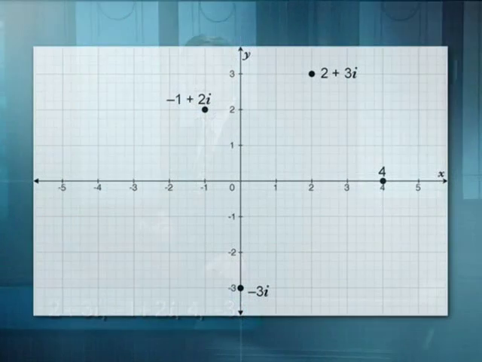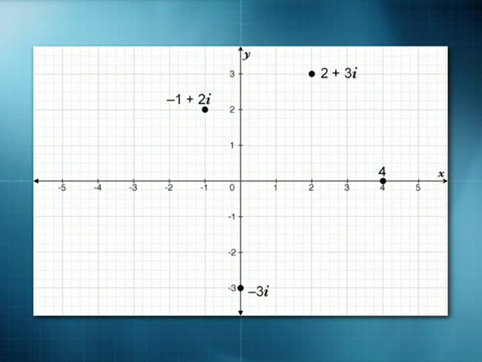We're going to plot on the complex plane the numbers 2 plus 3i, minus 1 plus 2i, 4, and minus 3i. Here they are. Here's the complex plane. Let's look at, say, 2 plus 3i. Notice that the real coordinate is 2, so I move 2 units to the right, and then I go up to 3i.